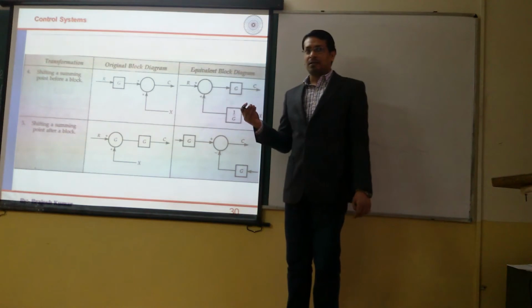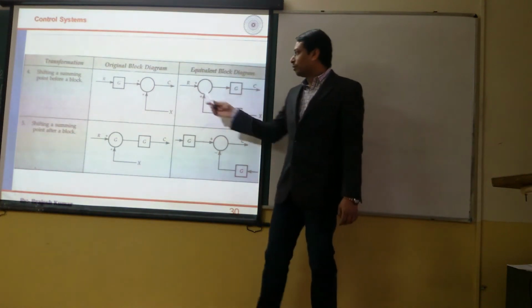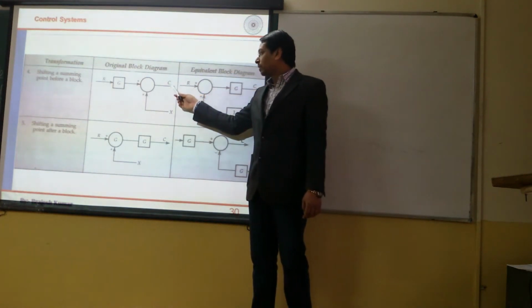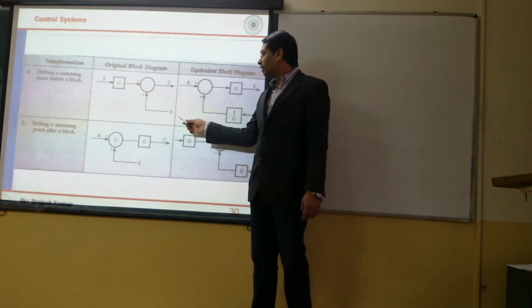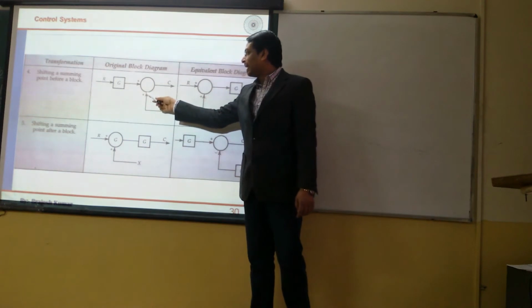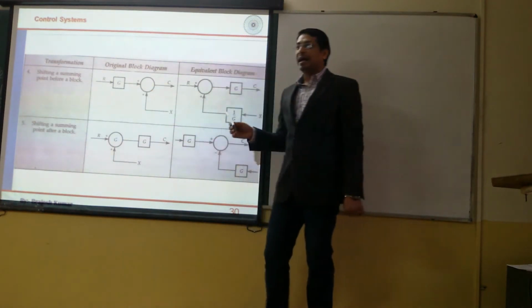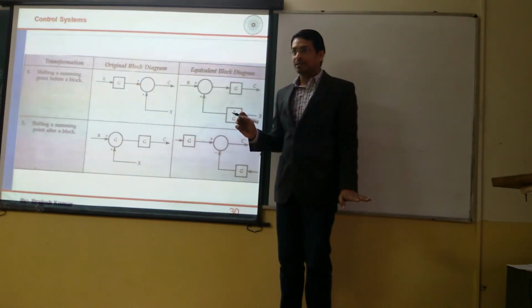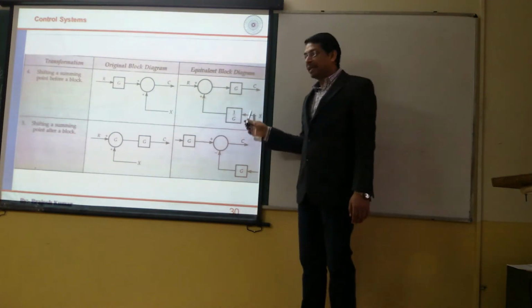Just look at the output equation. In this particular RHS configuration, you will have C(s) equal to X plus R into G. Correct?